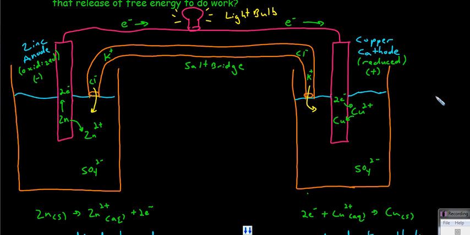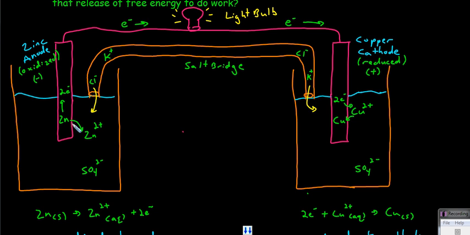So we have one which has zinc dissolved in the solution, and we have one which has copper dissolved in solution. The same reaction can occur, but this time those reactants really are kind of separated, and they're only connected by a wire.